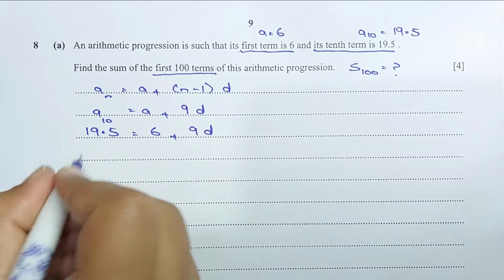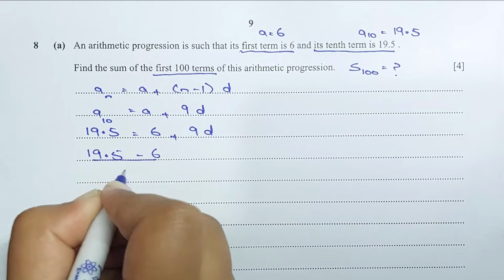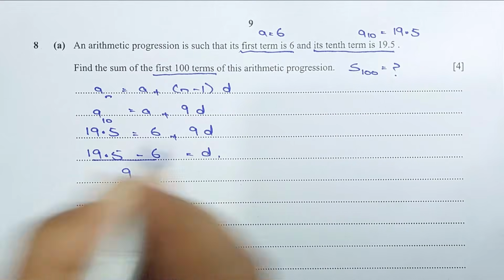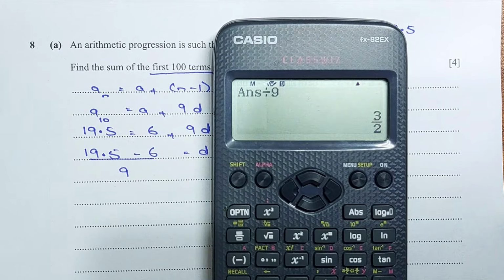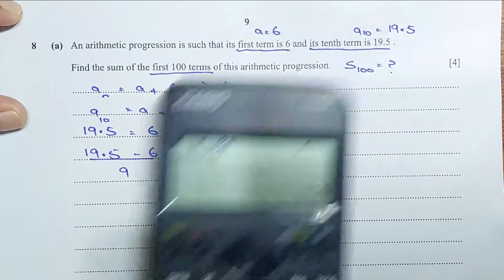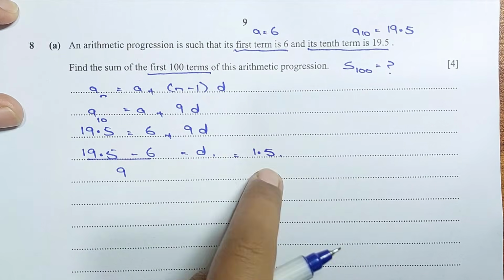Let me solve for the common difference. 19.5 minus 6 divided by 9, this is my d. Let me simplify. 19.5 minus 6 divided by 9 is 1.5, so d is equal to 1.5. We have a, we have d.